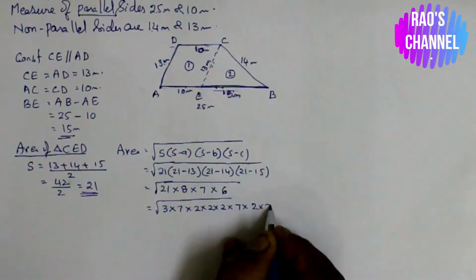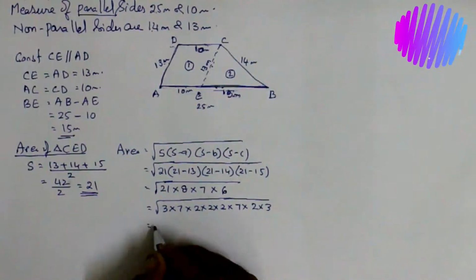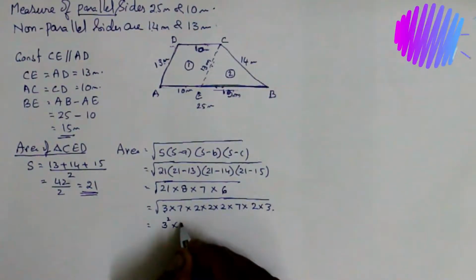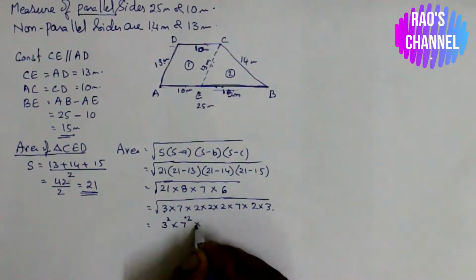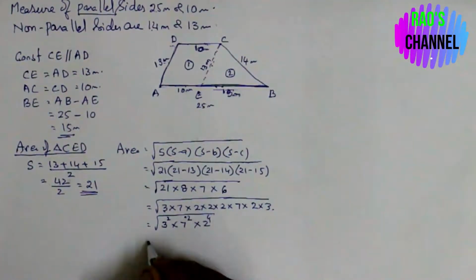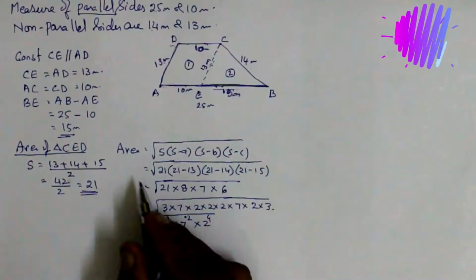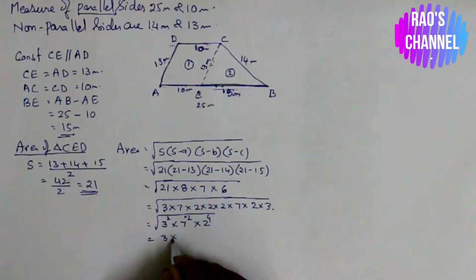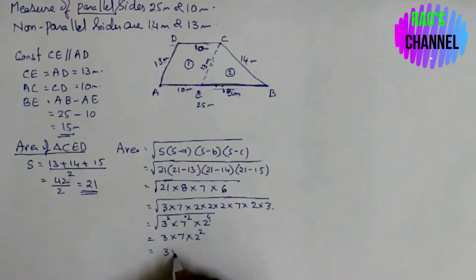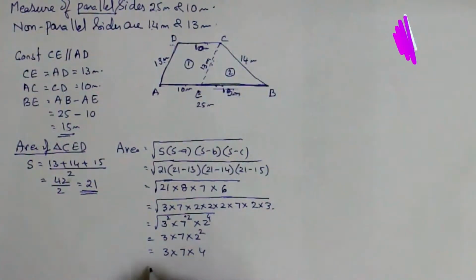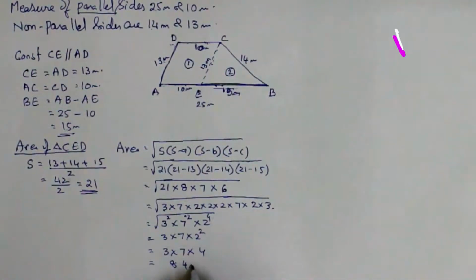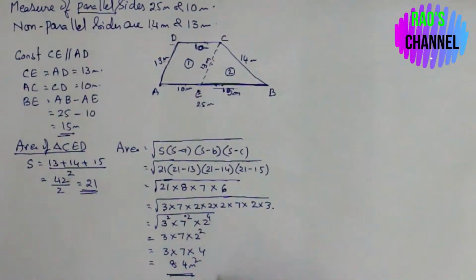For 6, 2 into 3. So finally we have a pair of 3's, that is 3 square, and a pair of 7's, that is 7 square, and 2 four times, so 2 power 4, under the root. Its square root is the area of the triangle, that is 3 into 7 into 2 square, that is 3 into 7 into 4, that is 84 meters square. So we got the area of the triangle.